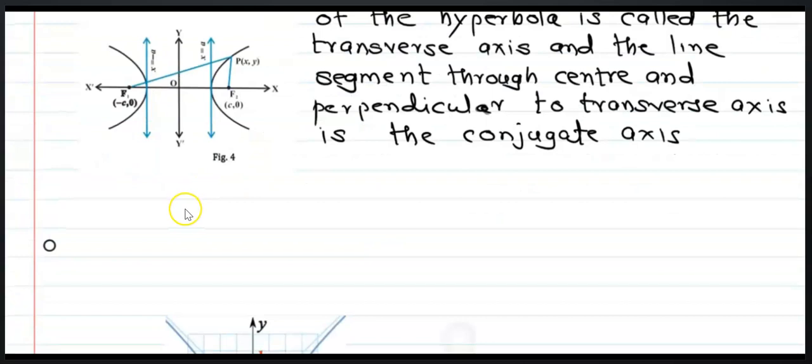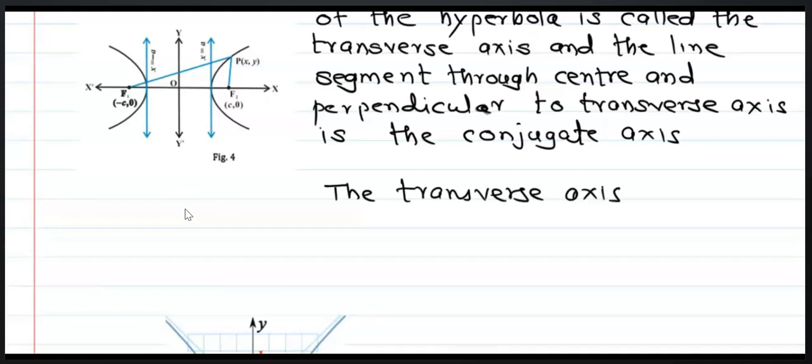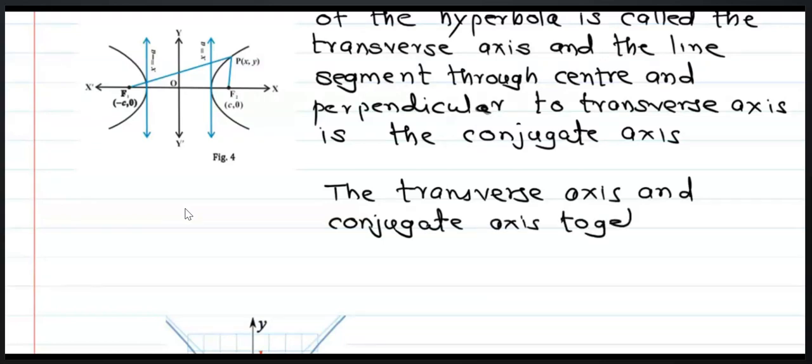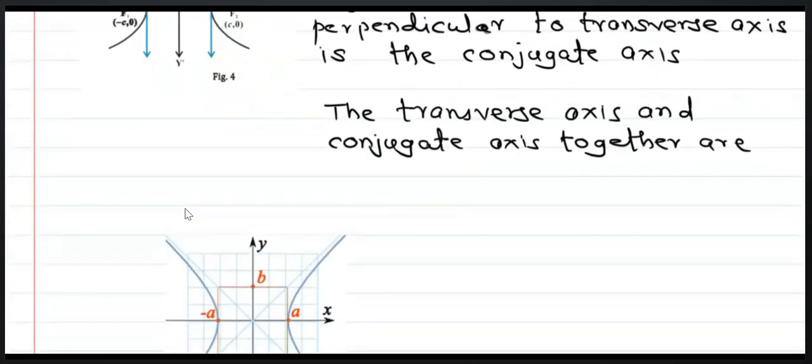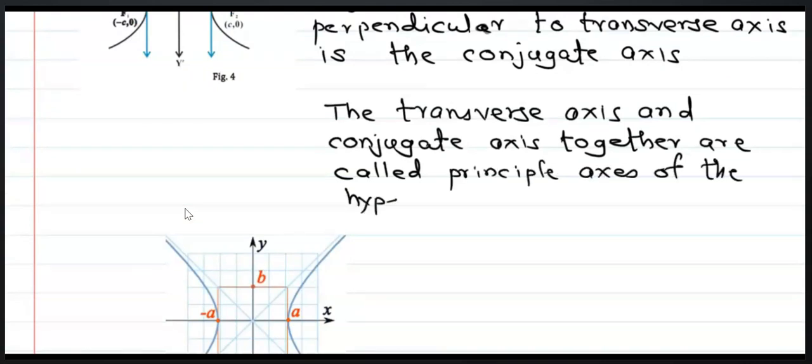This is the conjugate axis. The transverse axis and conjugate axis together are called the principal axes of the hyperbola.